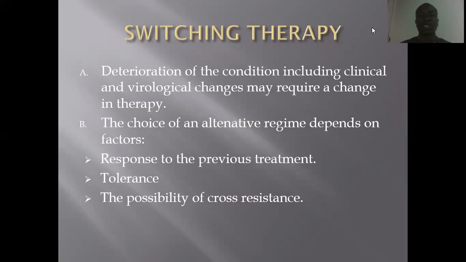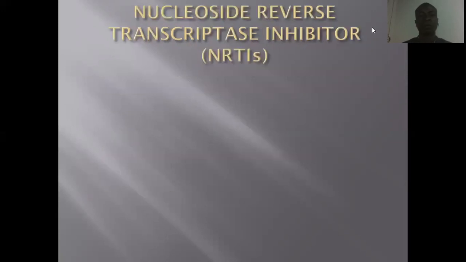First, the response to treatment: if they didn't respond well, you can change. Also, tolerance can lead to a change of medication. Also, the probability of cross resistance can cause switching of medication.